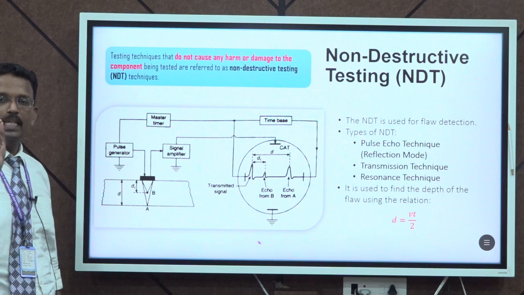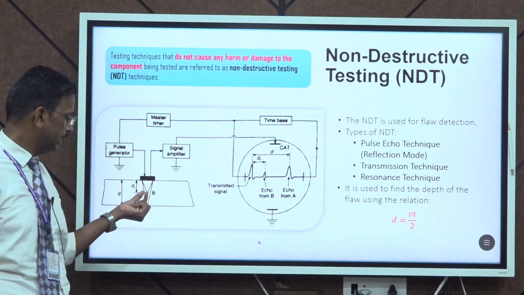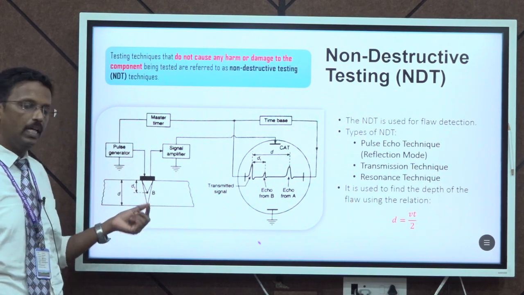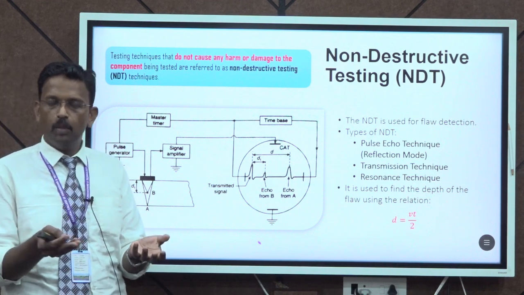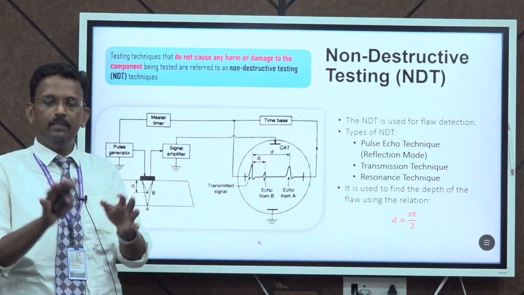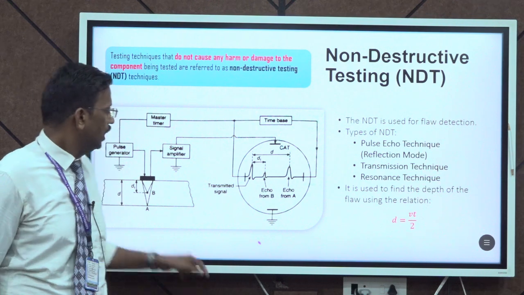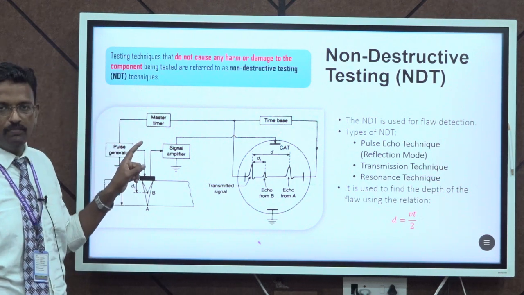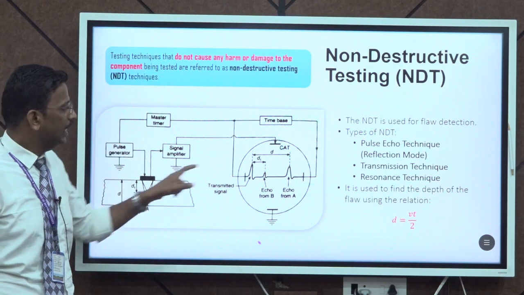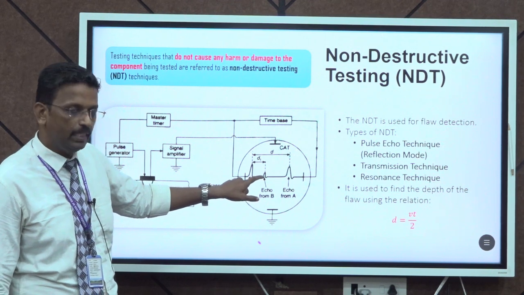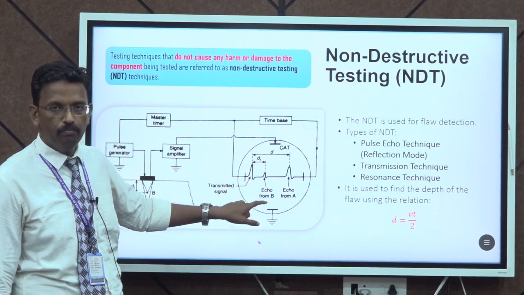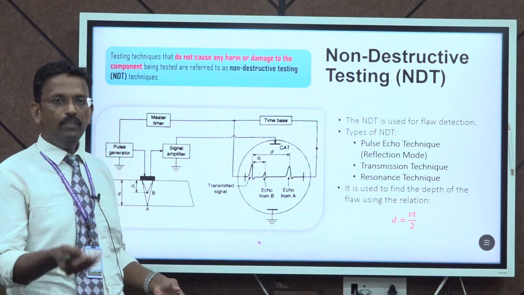If some small flaw is present here, the flaw contains some amount of air or some other medium, so it creates another reflection. That reflection that we get from here is called the echo from the flaw. Echo is nothing but a reflected sound wave.